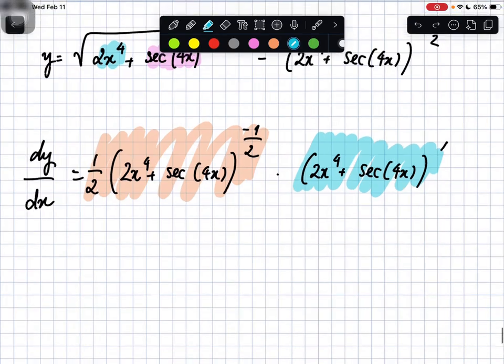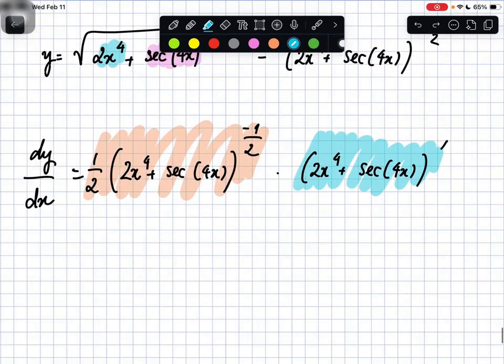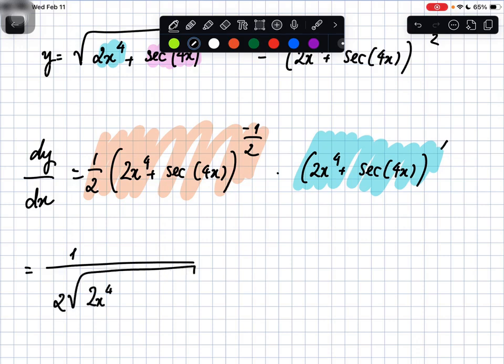Now we continue. The first term is done: 1/2 square root of 2x to the 4 secant 4x. The other term, 2 times 4x cubed secant 4x prime.